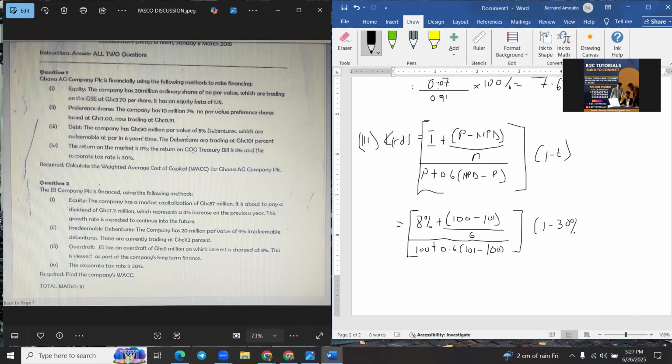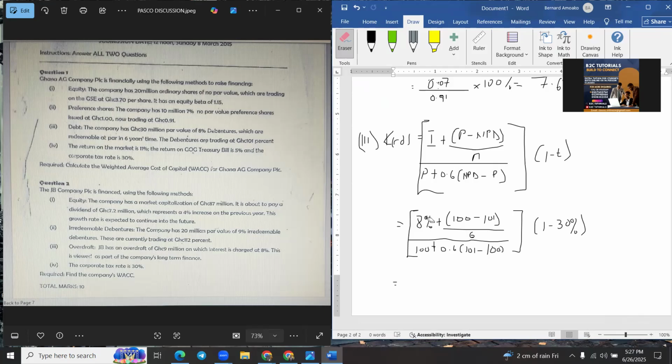Okay. Now, having said that, you do the items in the brackets first. So you first complete the numerator. So first tackle 100 minus 101, all divided by 6 plus the 8%. So this should be 8 because it is 8 multiplied by your par value of 100.